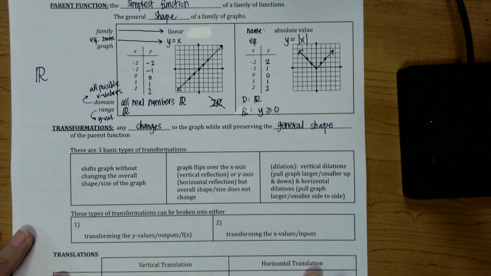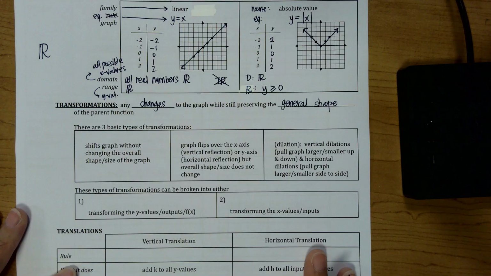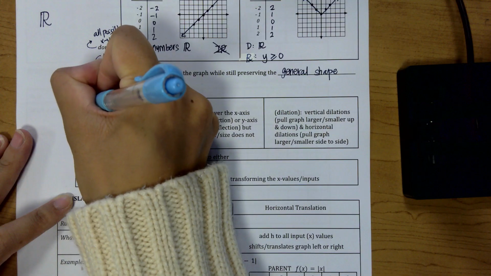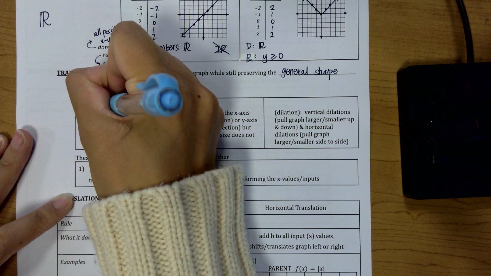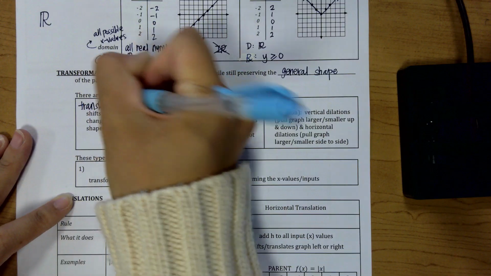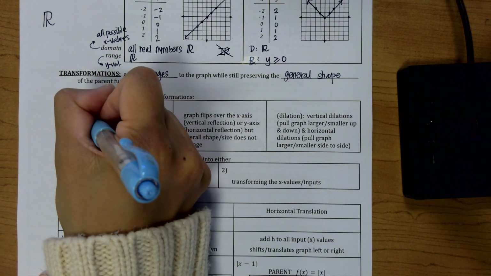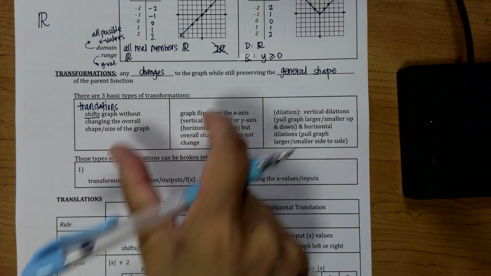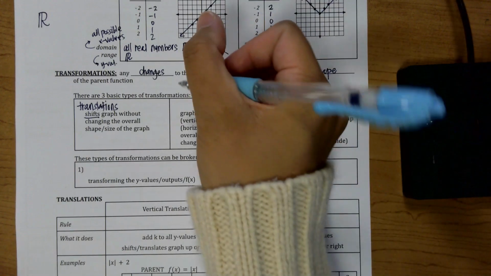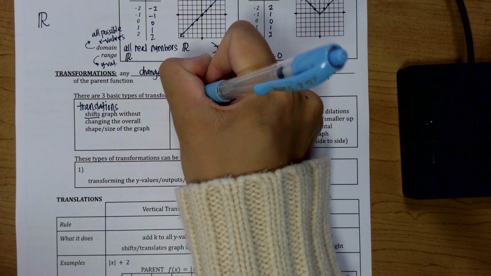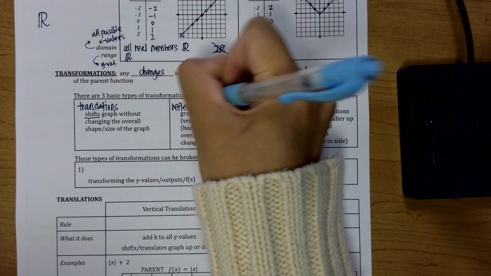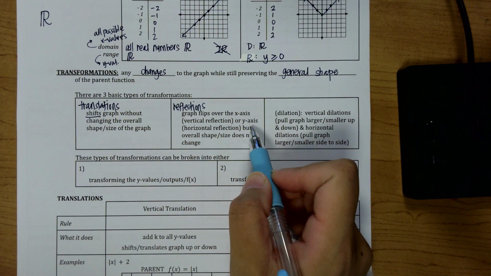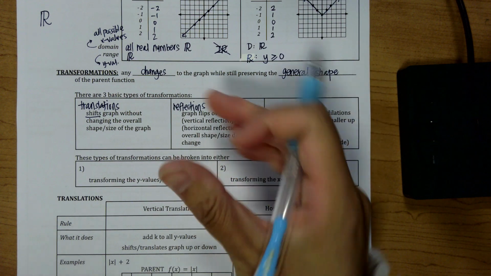So the three basic types of transformations there are translations, which are shifts. Okay, so you keep the overall shape size of the graph and you shift things up, down, right, left. There are reflections, where it flips over the x-axis or it reflects over the y-axis.